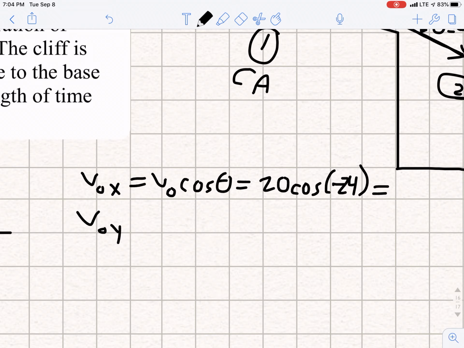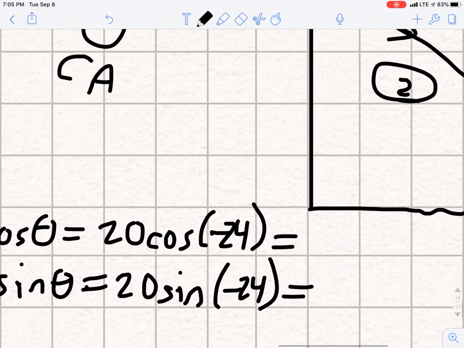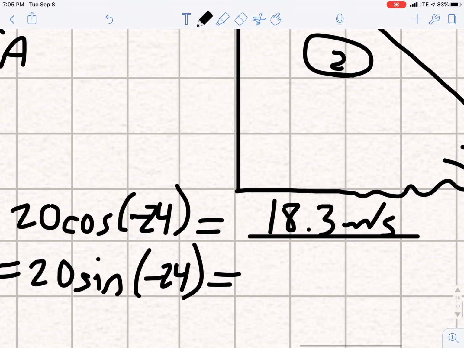And v naught y is v naught times the sine of the angle, which is 20 times the sine of negative 24. Okay, pause the video, put that in your calculator, and make sure that you can get that done correctly. When I put that in my calculator, I get about 18.3 meters per second horizontally and negative 8.1 meters per second vertically.